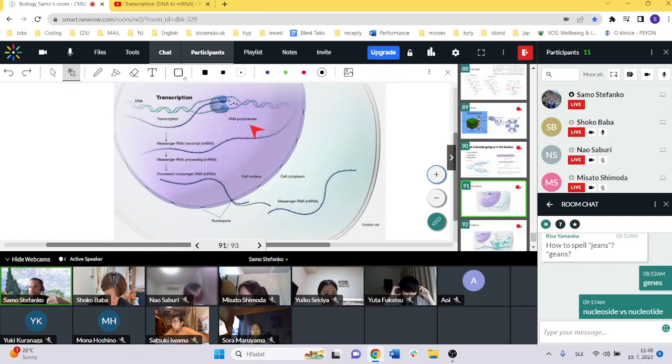So when the cell needs to cook a protein, firstly we have to transcribe the respective gene, or in our case the respective recipe, into mRNA, which is our copy, and this copying we call transcription. The enzyme involved is RNA polymerase.